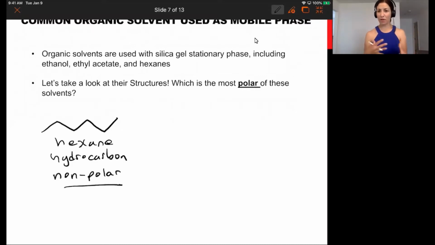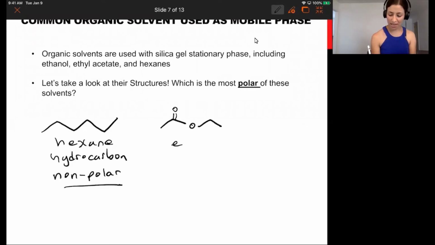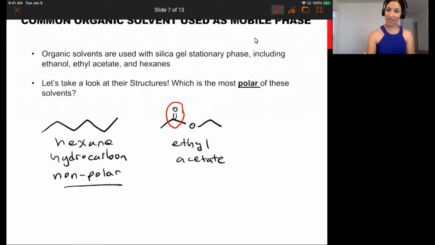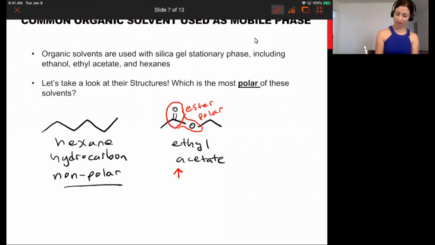Our CH bonds are not our most polar bonds. Another commonly used solvent that we're going to explore in lab this week is ethyl acetate. And you'll recognize within ethyl acetate this polar ester functionality. Okay, this is a more polar functional group. So we have an increase in polarity.